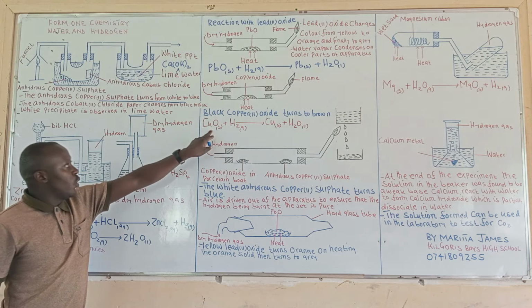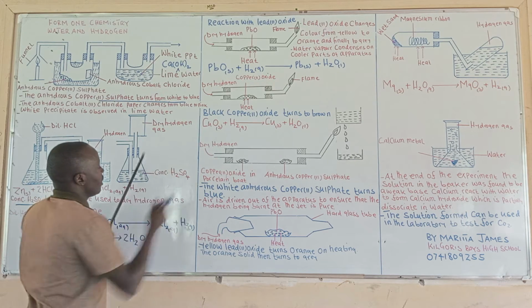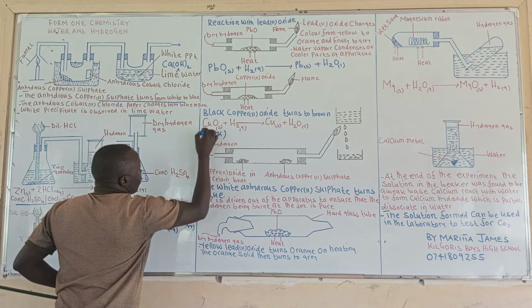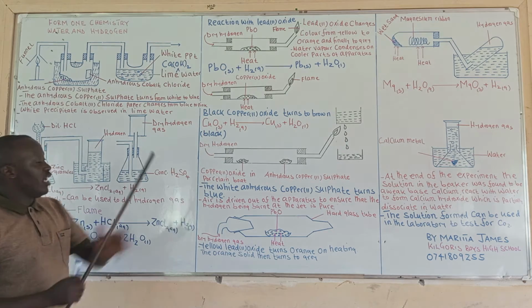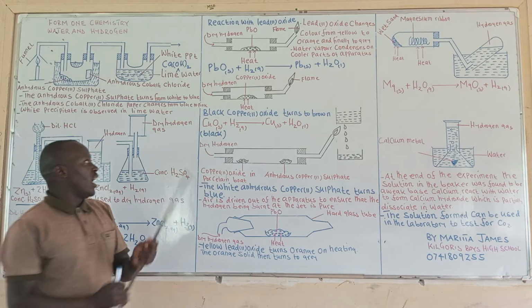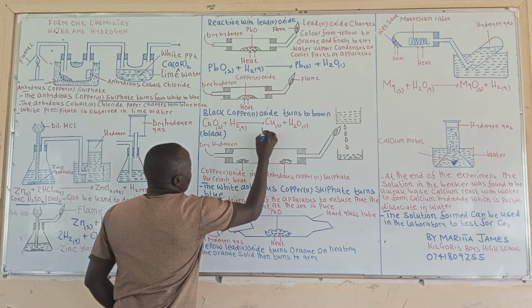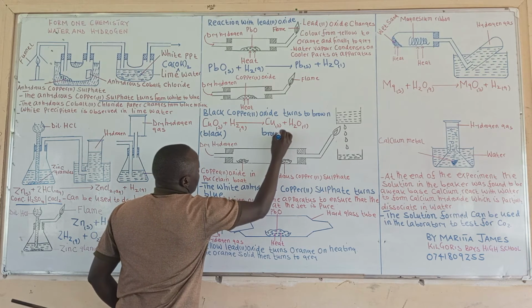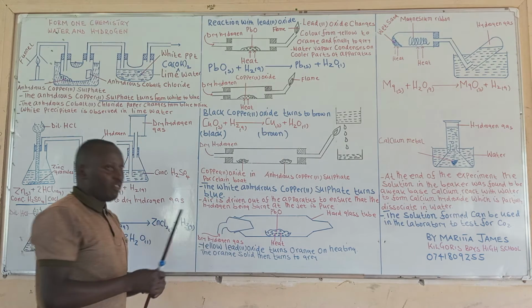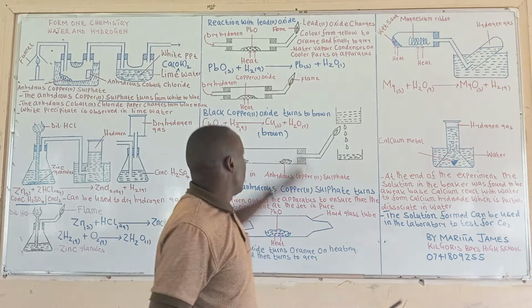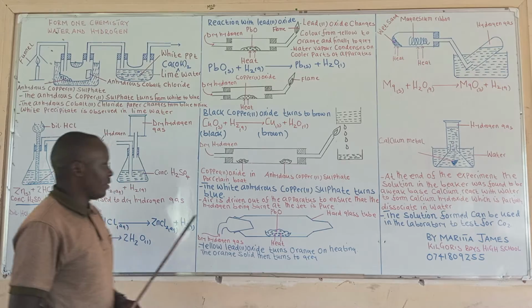In this case, this one here is a black solid. It will combine with hydrogen, a dry hydrogen, and then we have a brown solid of copper metal. So this one here is this brown solid, and then we have water vapor which condenses on the cooler parts of the apparatus. Then we have a colorless liquid there.